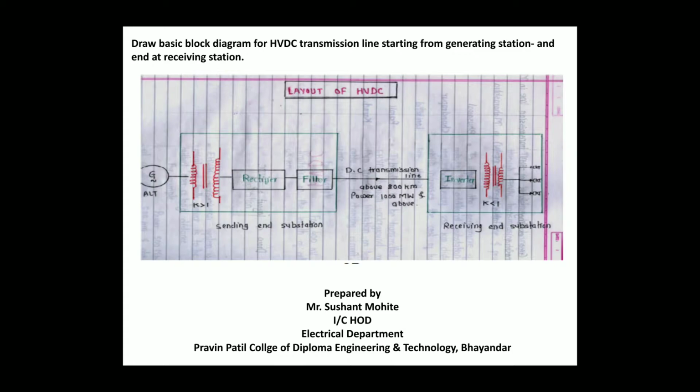We already discussed the disadvantages of EHV AC transmission, so why do we use HVDC transmission? Now we start the block diagram of the HVDC transmission line. It starts from generation to the receiving station.